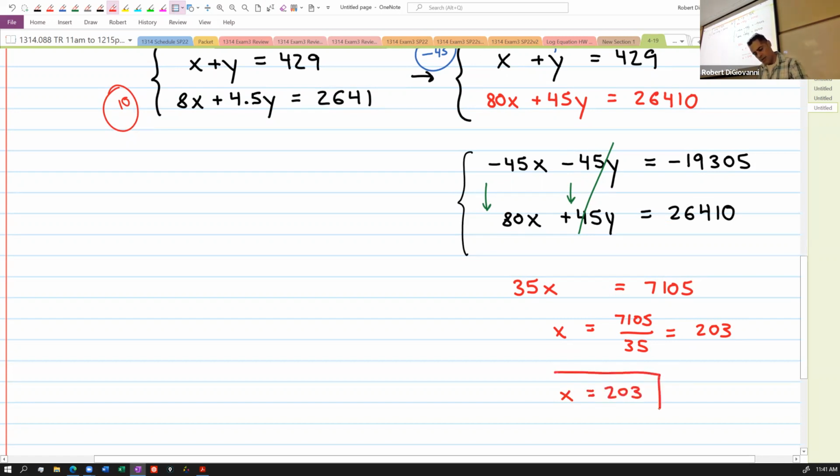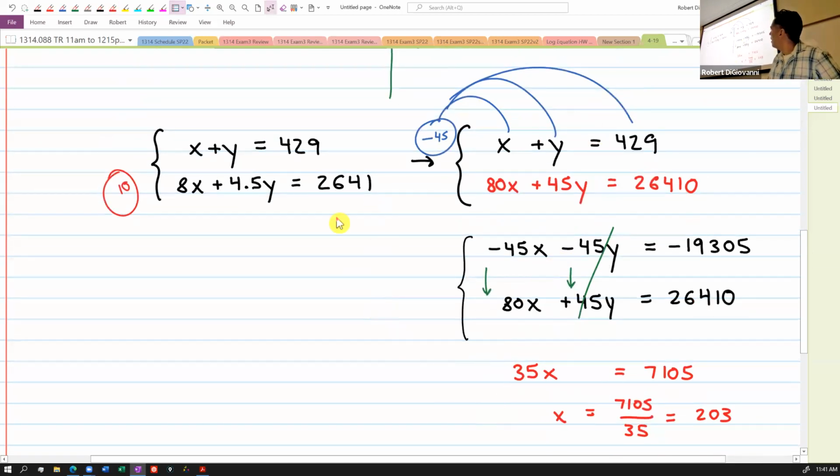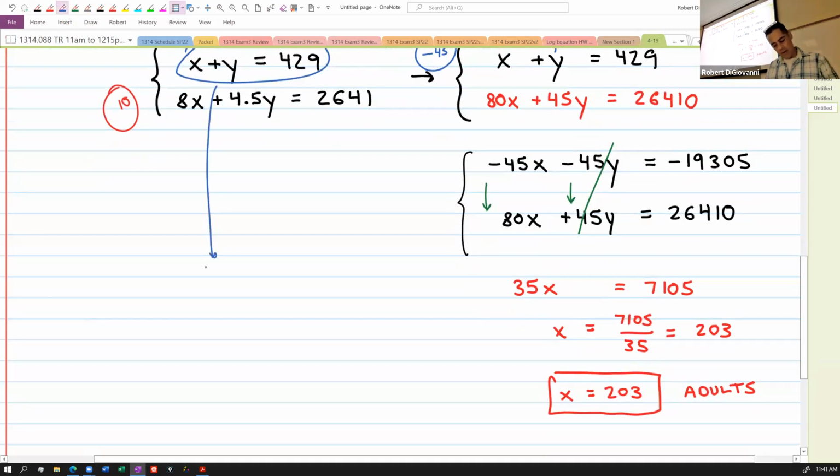And this is the number of adults, right? X was the number of adults. So to get kids, we can go into any equation we want. Which equation looks the nicest to you? X plus Y is 429. It's probably the one to go with, right? Let's write it down. X plus Y is 429.